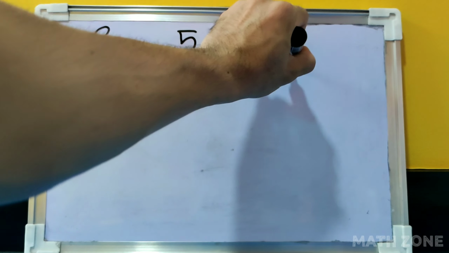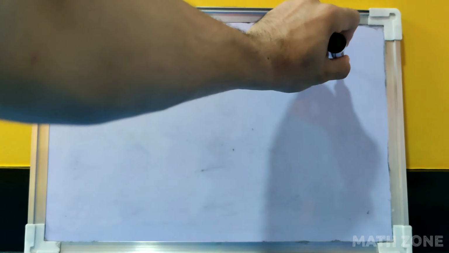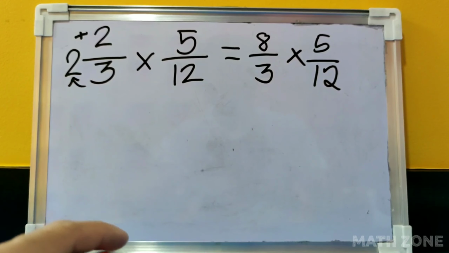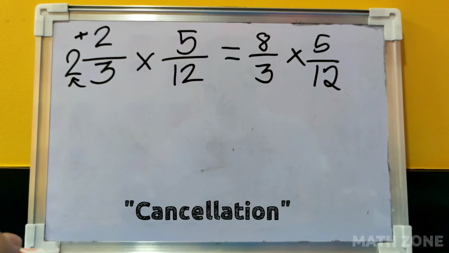Now copy the second fraction, so that's 5/12. We have a new equation here of 8/3 multiplied to 5/12. And in here, I'm going to introduce you to a different method when multiplying fractions. We call this cancellation.